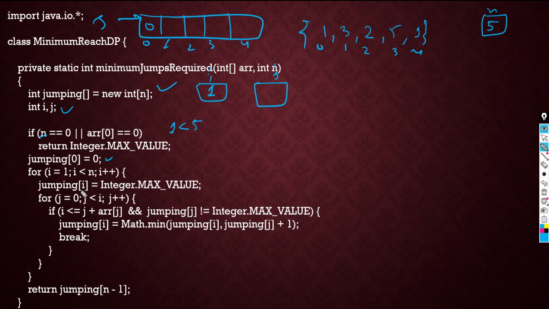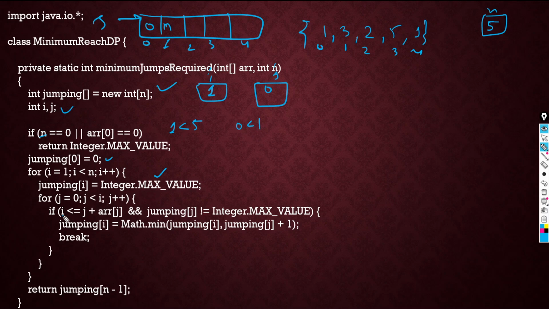So jumping of i. What is i? i is 1. Jumping of i should be max, because we have to put the max value. Now j is equal to 0. j, which is 0, is less than 1. Correct.